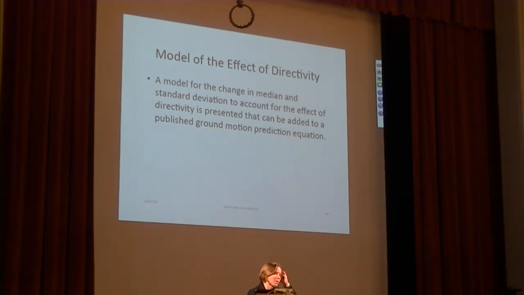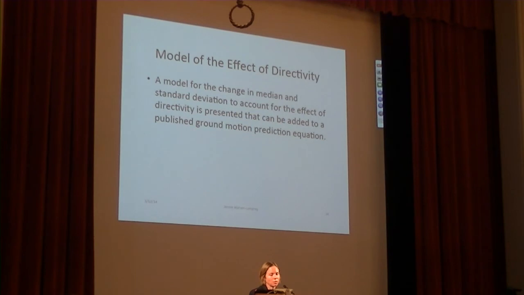We already touched a little bit on the idea that you'd want to add some epistemic uncertainty to this model, because there would be other valid directivity models that could have been used to do something like this. And these models are going to be published in a PEER report this year. And that's it.